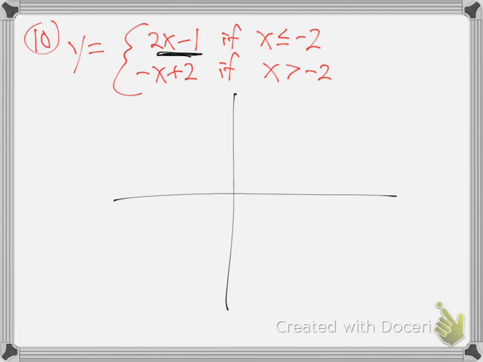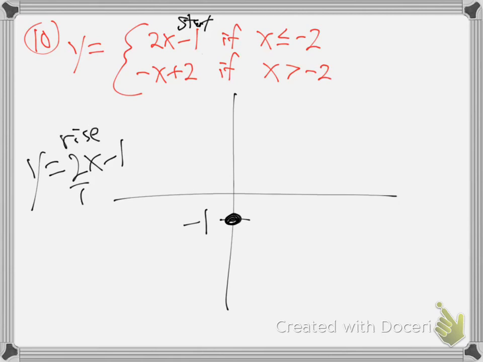So, okay, I will start at -1. So down 1, there's my first dot. Okay, and then where do I go from there? Yeah, 2 over 1. Let me bring it down over here. It's 2x minus 1. Yeah, 2 over 1, rise over run. So I go up 1, 2, go up 1, 2 over 1.